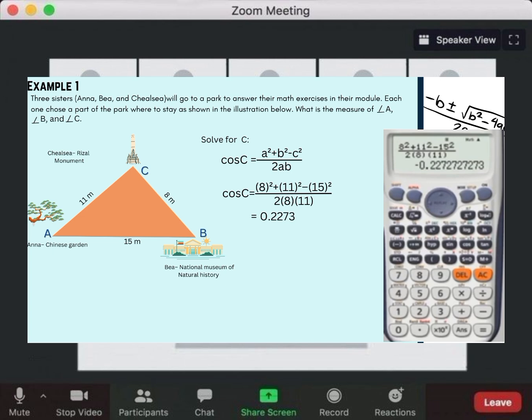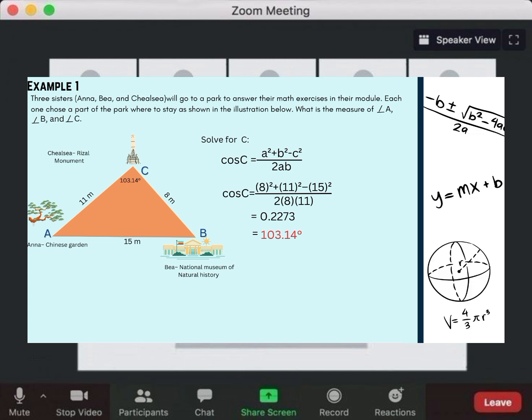To find the angle of C, click shift and cos, then the answer, enclose and equals, and you will have 103.14 degrees. Therefore, the measure of angle C is 103.14 degrees.